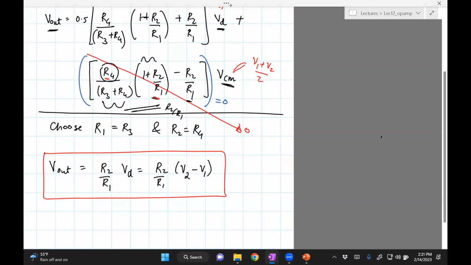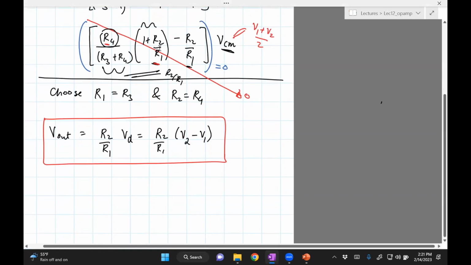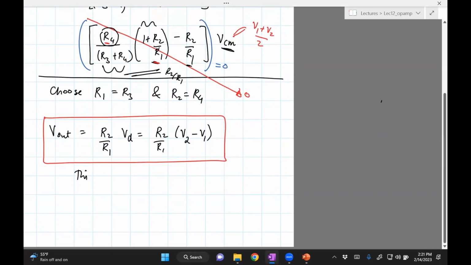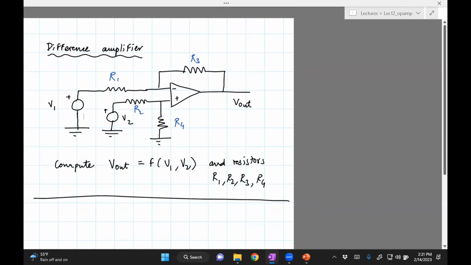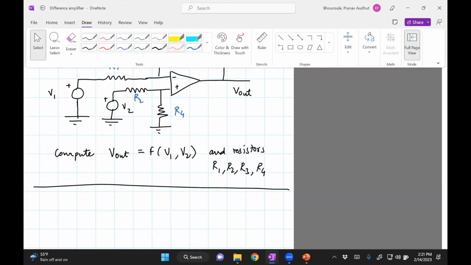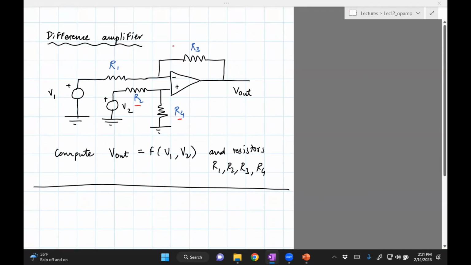Okay, and note that this is true when R1 equals R3 and R2 equals R4. When this condition is true, that's true. So if you look back at the difference amplifier, what I'm saying is R2 should be equal to R4, and R1 should be equal to R3.